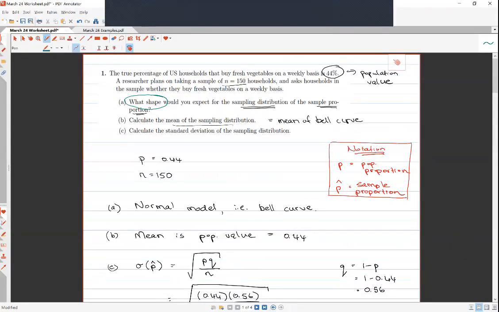The moment it asks you about the shape, you want to be thinking bell curve, normal model. Most of the time when we're talking about sampling distributions, we are going to use the normal model as an approximation. So yeah, if you see sampling distribution, normal model should be on the forefront of your mind.